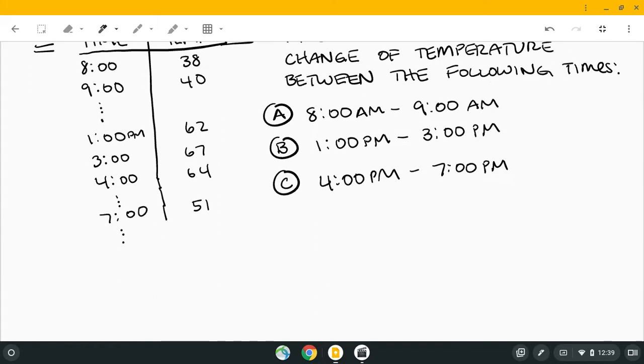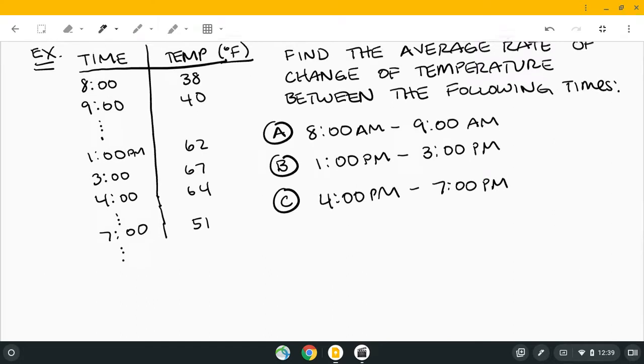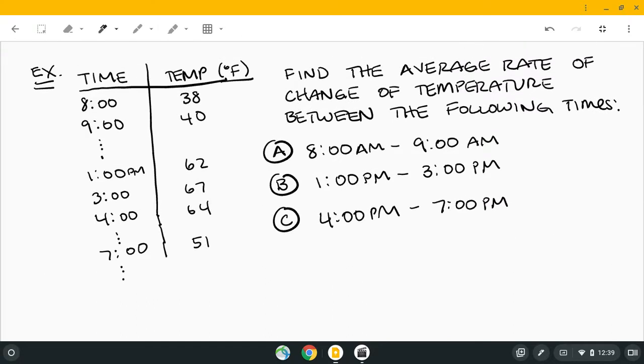All right. Why don't you go ahead and try these 3? See if you can figure it out.